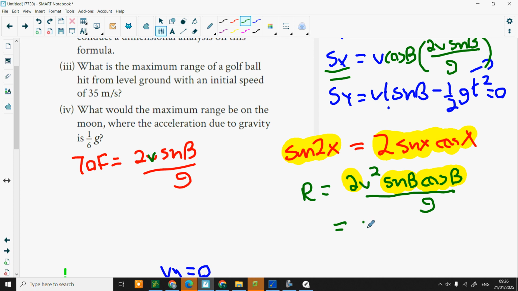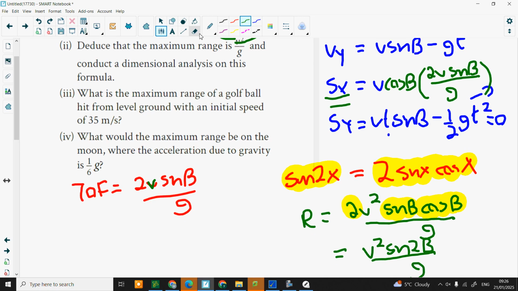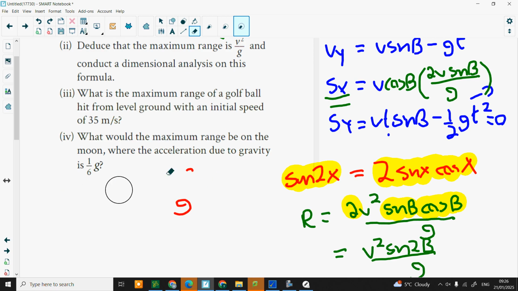Sine 2b, exactly. So it's v squared sine 2b all over g. Is that right? Cool. Now, deduce that the maximum range is v squared over g, and conduct the dimensional analysis on this formula.